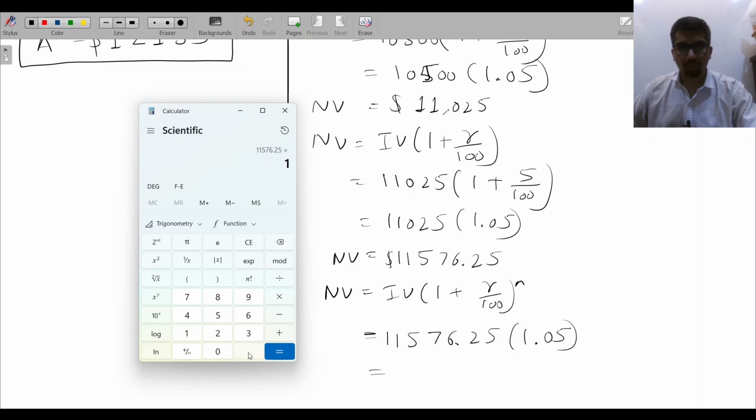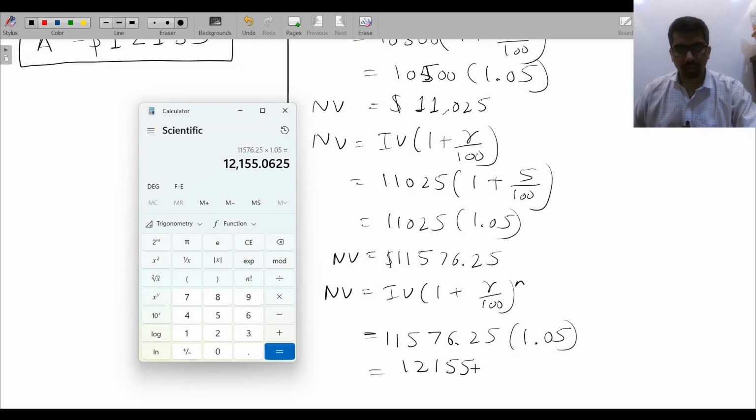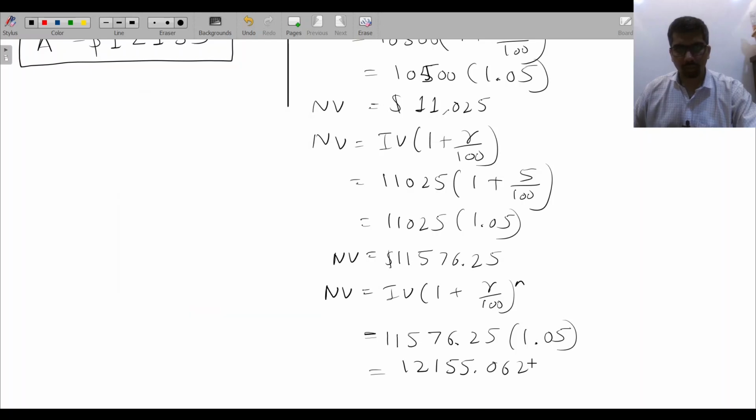So multiplying by 1.05 gives 12,155.0625. This is the amount you will get at the end of the fourth year.